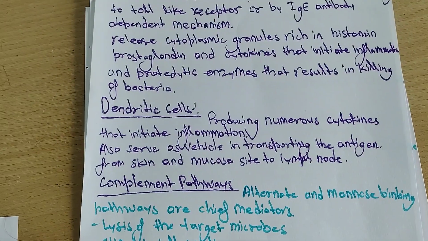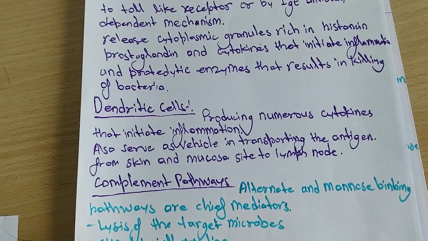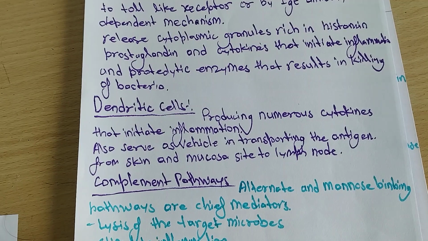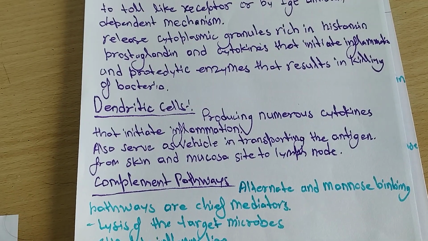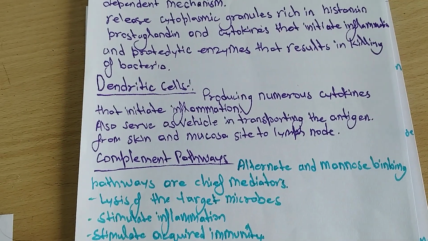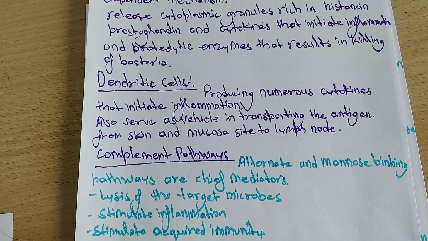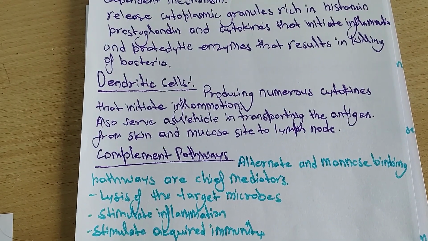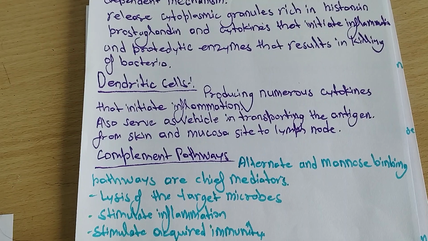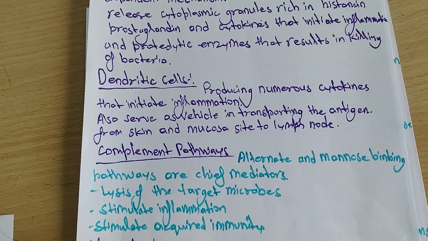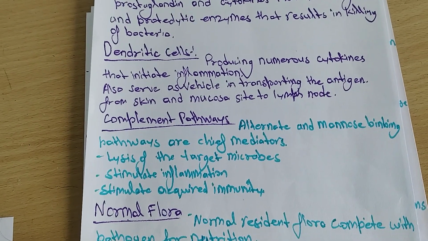Dendritic cells produce numerous cytokines that initiate inflammation, and also serve as a vehicle in transport of antigen from skin and mucosal sites to lymph nodes. Complement pathway in innate immunity: the alternative and mannose-binding pathways are involved, and it leads to lysis of the target microbe, stimulates inflammation, and stimulates acquired immunity.